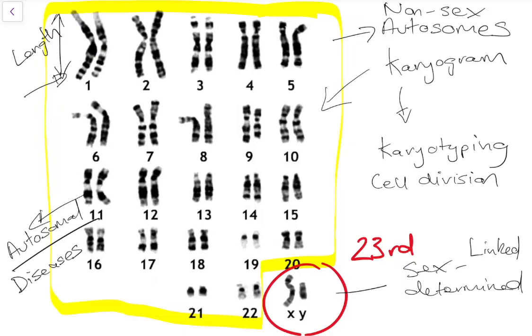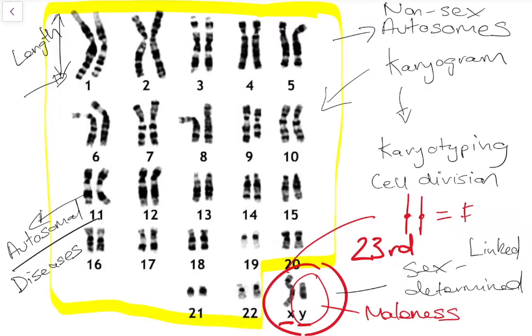As we can see that this person has one X and a Y chromosome, the Y is what gives maleness. It leads to male characteristics. So this person will be genetically a male. And if the person had had two of the longer chromosomes, two of the X chromosomes, then they would be female.